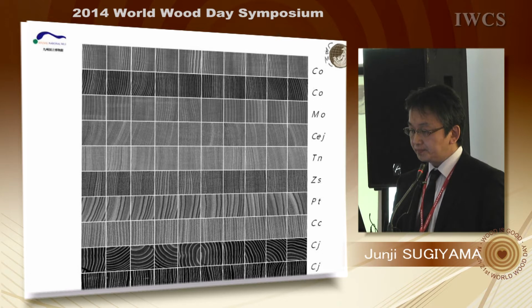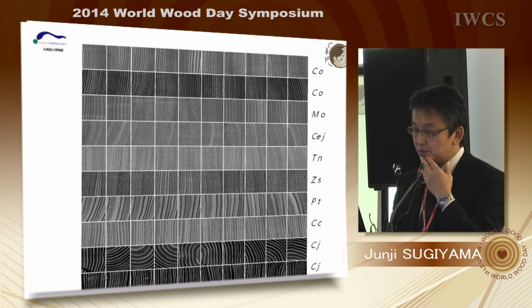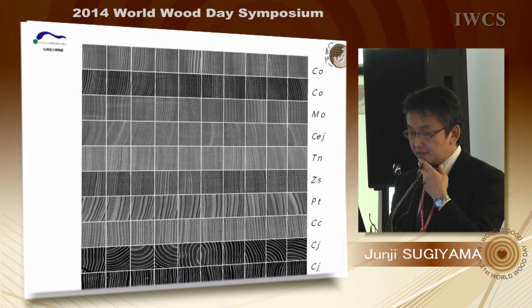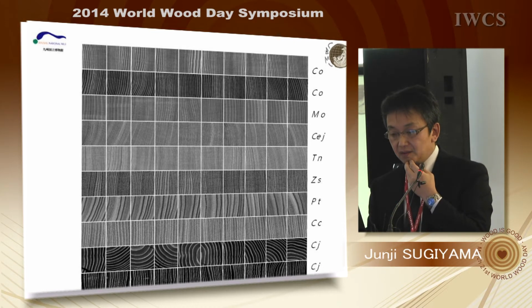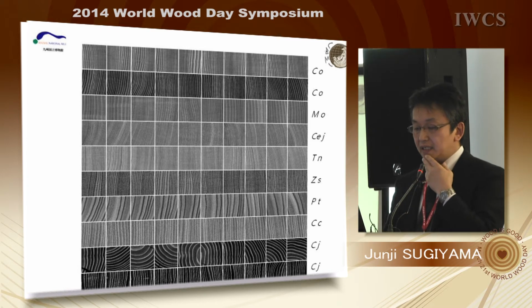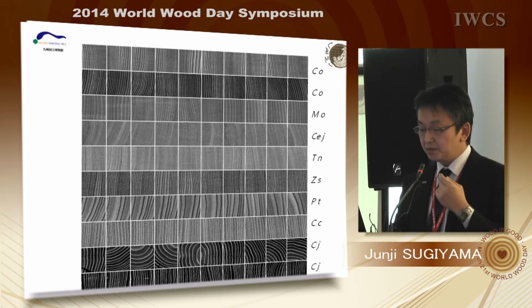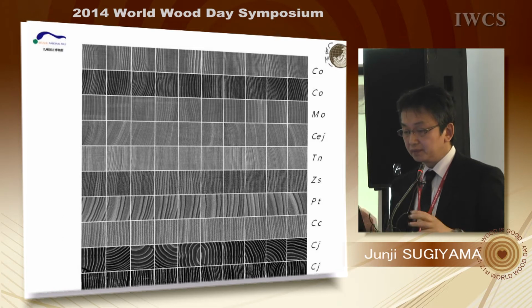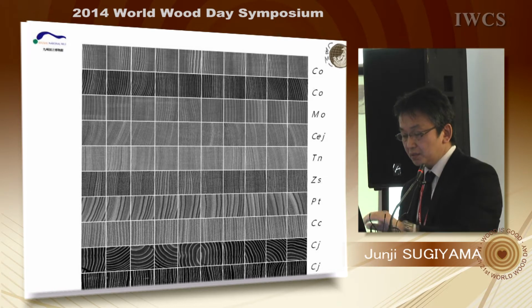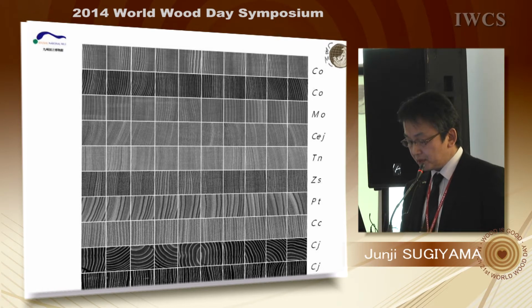From the top, for instance, Cryptomeria japonica, Chamaecyparis obtusa, Hinoki, Magnolia, Cercidiphyllum, Torreya, Cercova, Paulownia, Cinnamomum, and Cryptomeria japonica, and so on. From those images, we collected the image information.